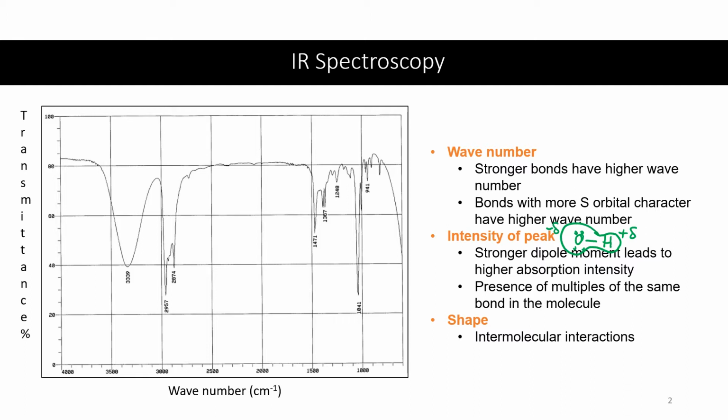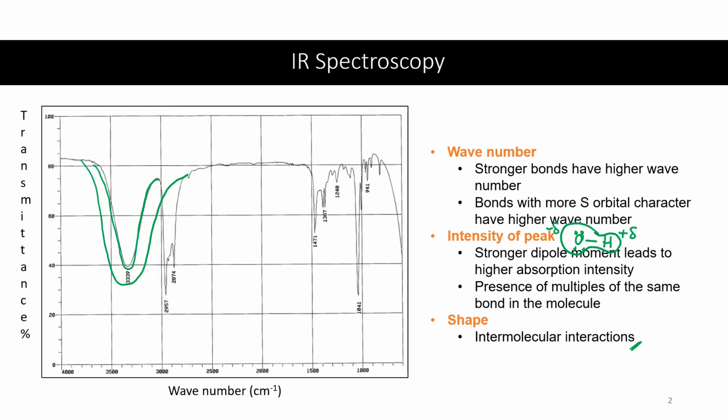And the shape of the peak depends on intermolecular interactions such as hydrogen bonding, which is why we see a broad peak for the OH group, for example. And if it's an OH from a carboxylic acid group, this peak would be even broader because it can participate in even more hydrogen bonding.